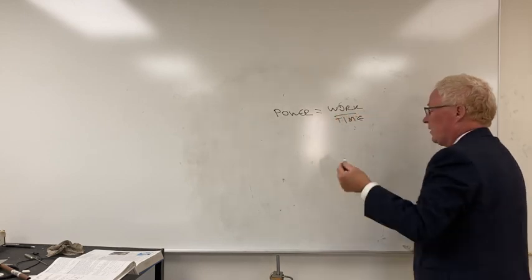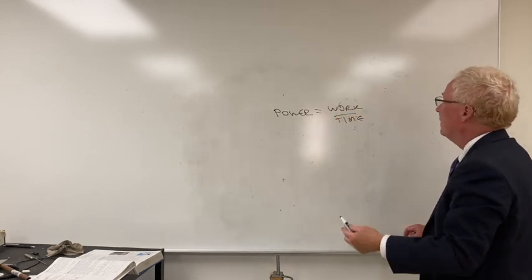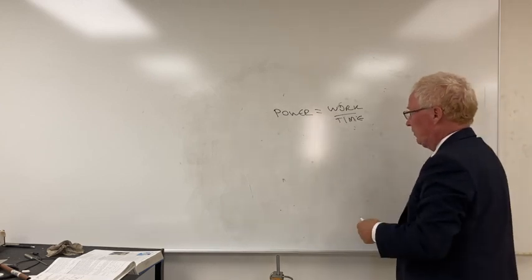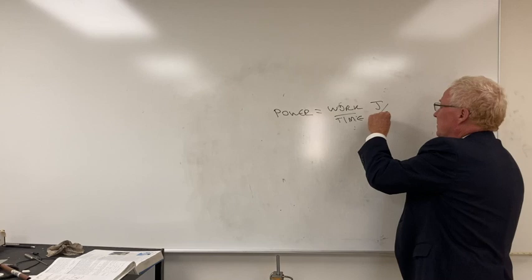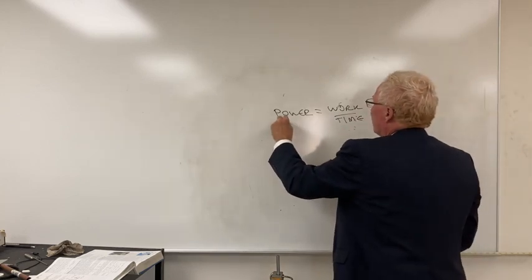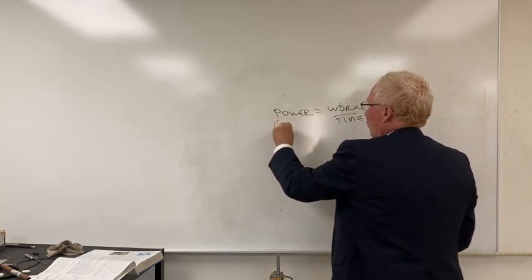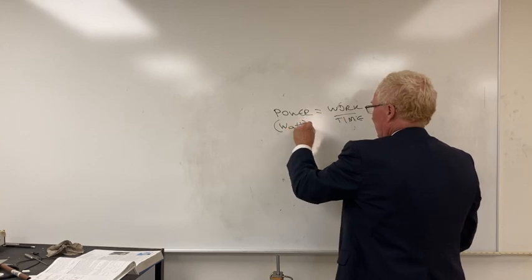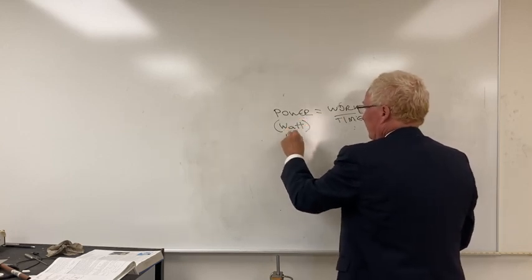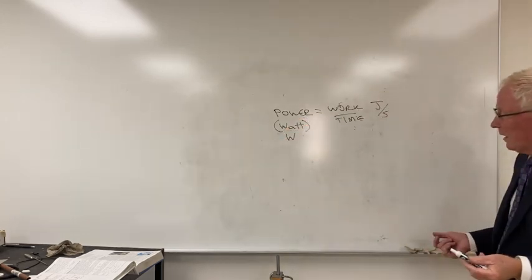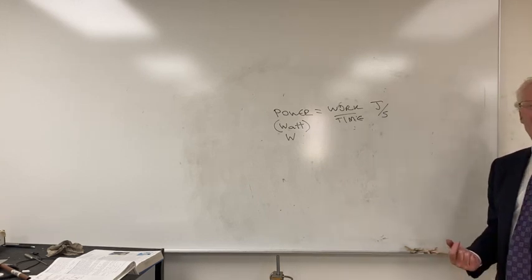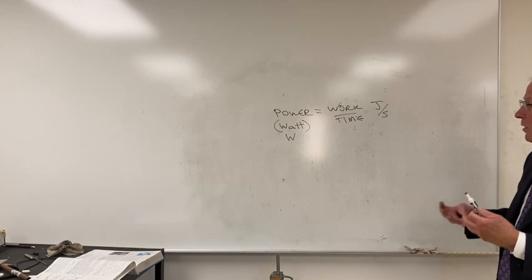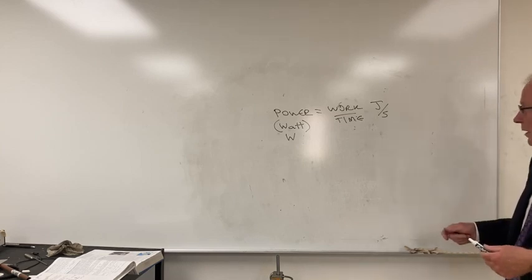Work is how much energy you take to do it; power is how fast you actually do it. So this is joules, this is in units of seconds. This unit is a watt, named after James Watt, capital W. So watts are units of power. A 100-watt light bulb, that's how much power it uses, but that's electrical power.